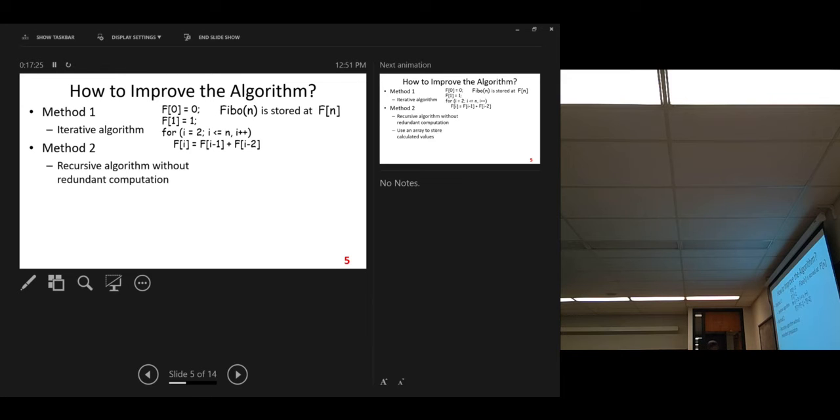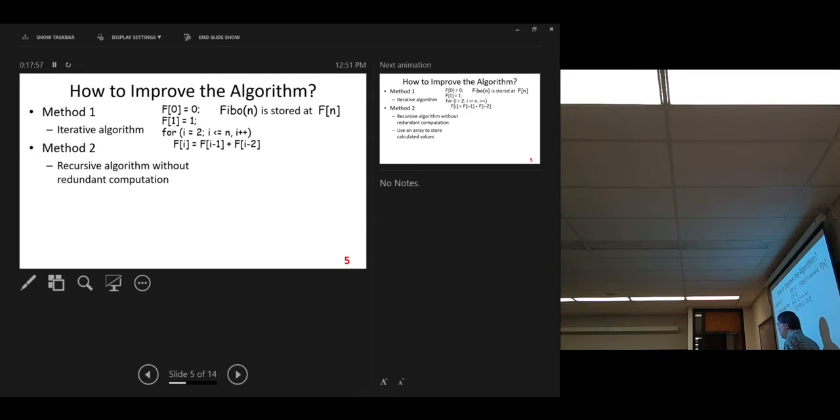So I want to introduce it in this example. What is it? We do a recursive algorithm. Here we don't want to drop the recursive algorithm.